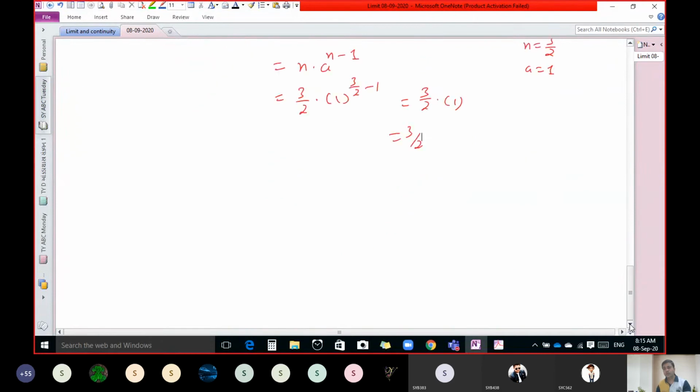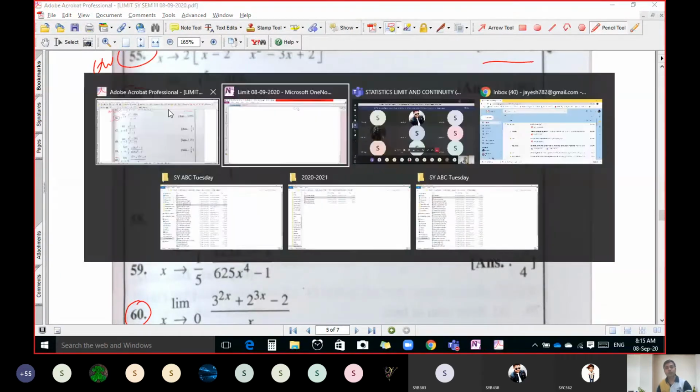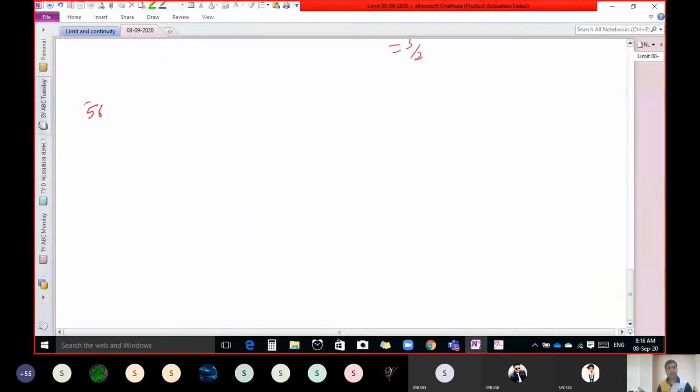So now let us do the practice for this type of question from the book. Question number 56. Limit x tends to 4, x raised to 5 minus 1024 upon x minus 4.